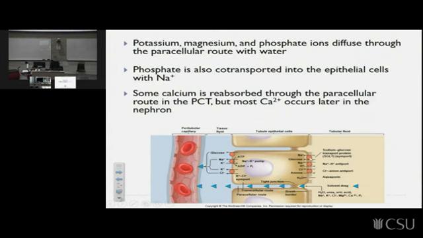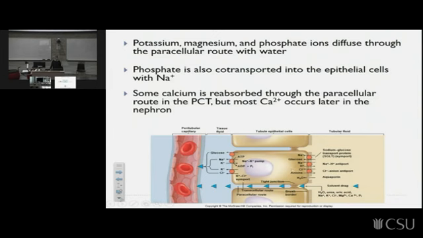From here, we've got sodium, glucose, hydrogen, and also anions, with most of these ions coming out of the tubular fluid and back into the bloodstream.